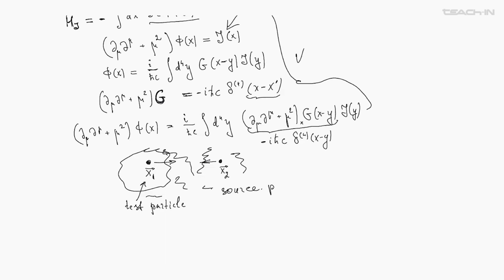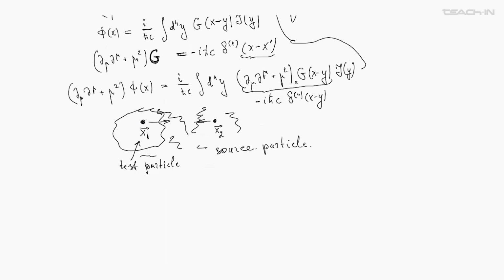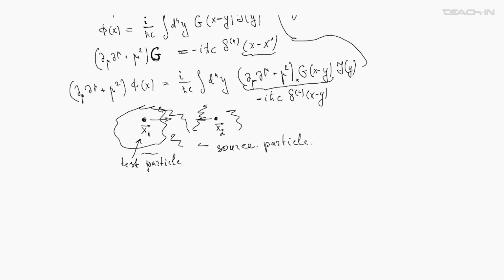So what does this mean in terms of mathematical formulas? We set up J2, a function depending on x, to be equal to the square root of h bar c times the delta function x minus x2.